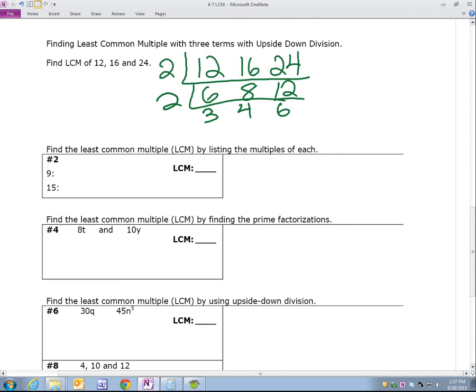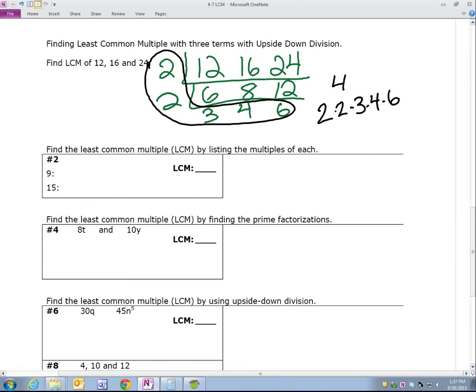Yeah. So now we have to multiply the L, the shape of the L. So I have 2 times 2 times 3 times 4 times 6.